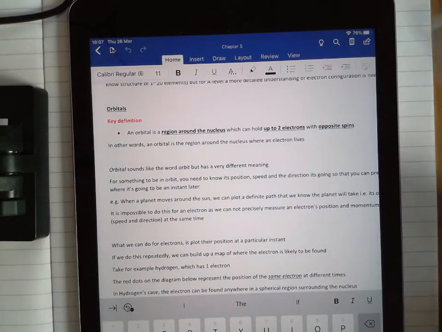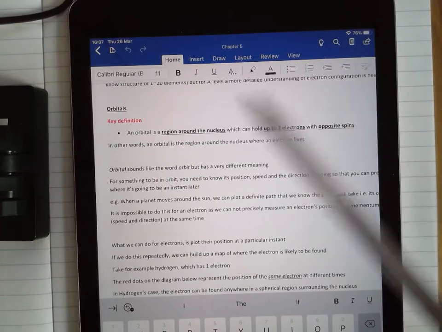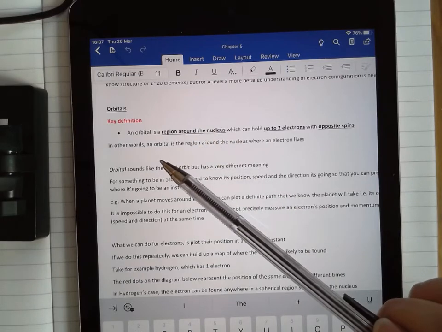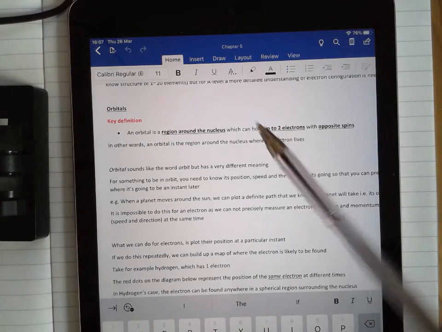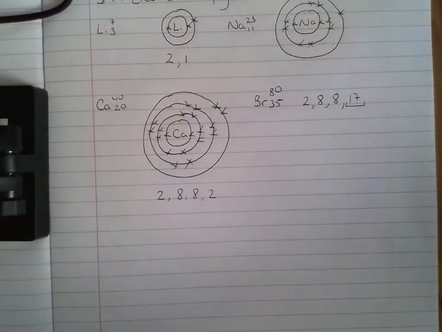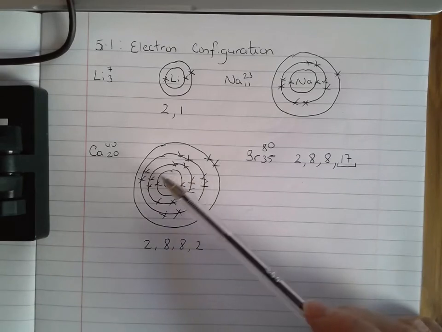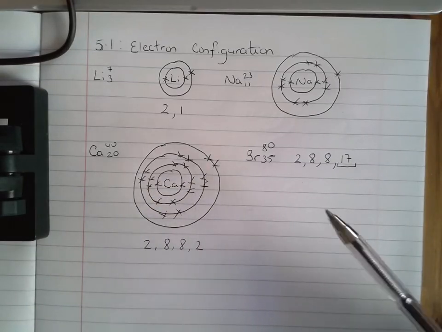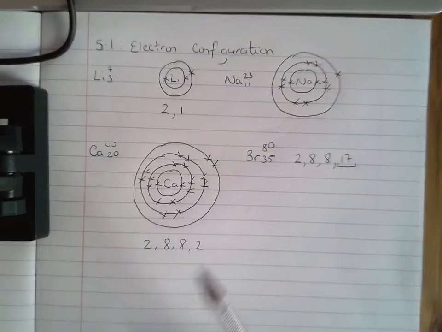We'll come back to this opposite spins point later. But in general, you can simplify this definition down to just saying an orbital is the space around the nucleus where you will find an electron, which is a similar idea to what we had with shells. A shell was the area around the nucleus where you found electrons. An orbital is now that space around the nucleus where you are going to find electrons.